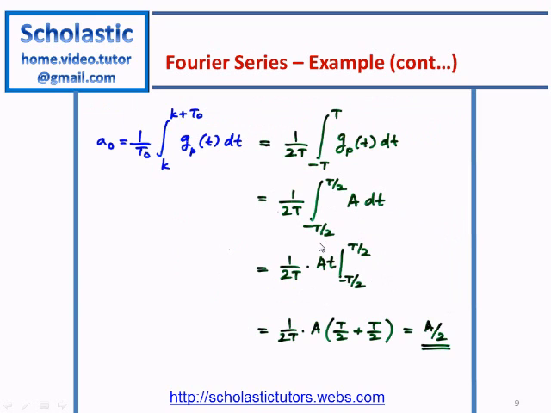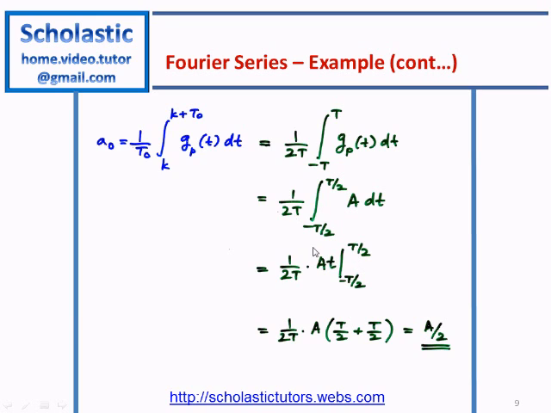So that's how you can write it. Instead of g(t), you write A, and please note that minus T will become minus T by 2, and plus T will become plus T by 2, because outside T by 2 the function A is equal to 0. And then when you integrate A with respect to t, you get At from minus T by 2 to T by 2.